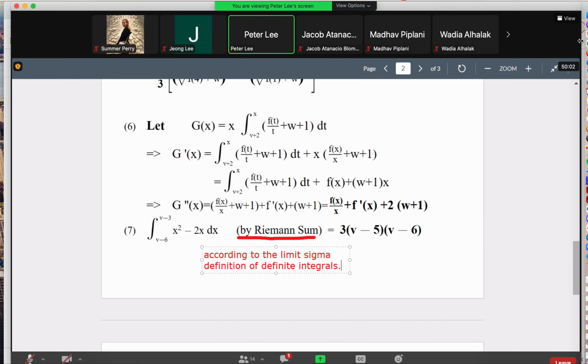How more specific do I have to write this down? And this was underlined too. According to the limit sigma definition of definite integral. In general, on the problem, now we have only one more test to go. Now, if you see the word, what is the key word here? The key word is definition.